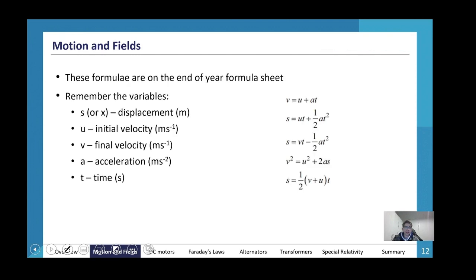Now, let's talk about the constant acceleration formulas. If you know them by heart, obviously there's no need to include them on the cheat sheet.